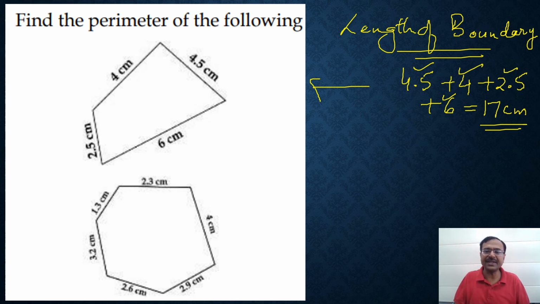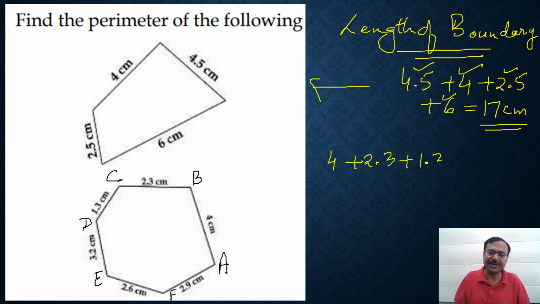So you can start with any edge, like I can start with the edge A here and move along to B, then to C, then to D, then to E, and then to F, and then come back to A. If you do that, you will be covering a distance of 4 centimeter along AB, then 2.3 centimeter along BC, then 1.3 centimeter along CD, then 3.2 centimeter along DE, and then 2.6 centimeter along EF, and finally 2.9 centimeter along FA.